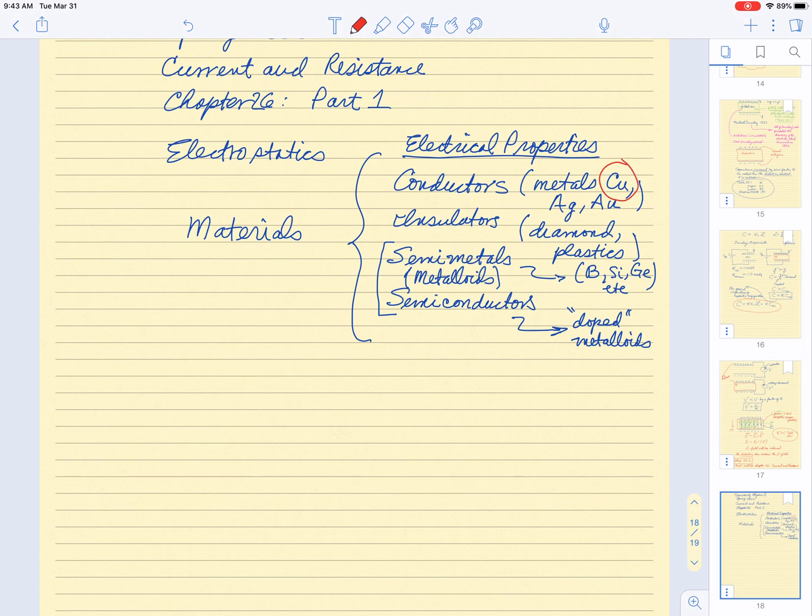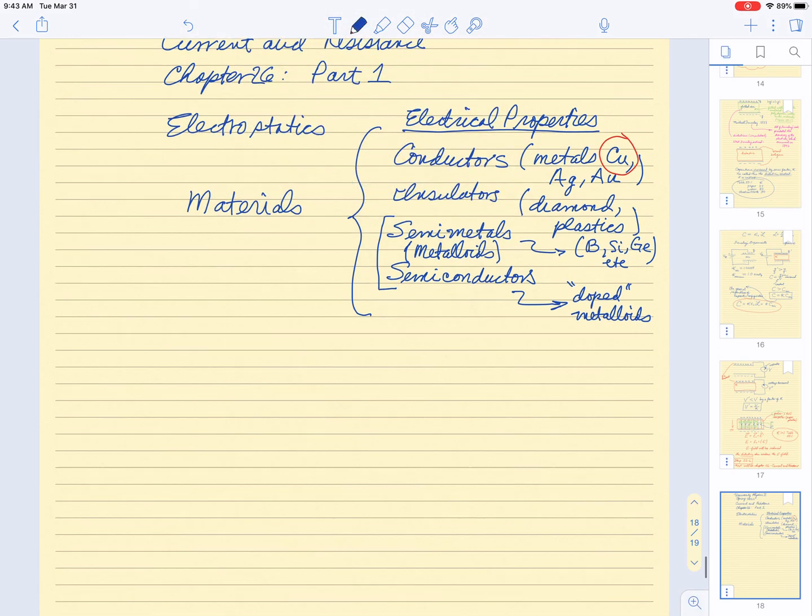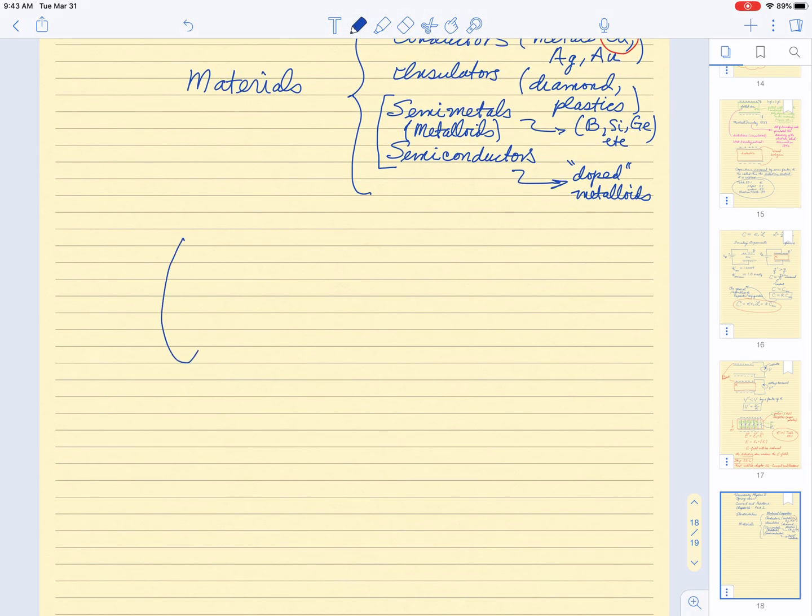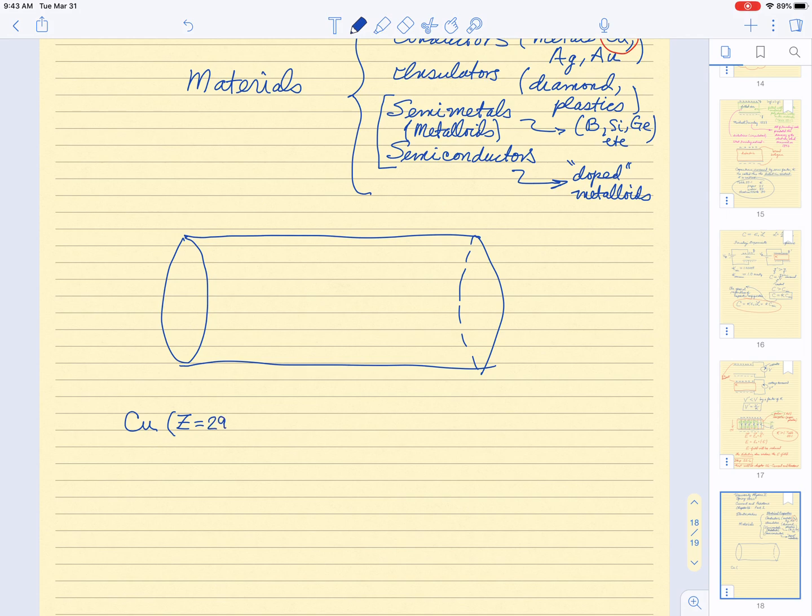So let's look at copper, and let's look at a sort of prototypical conductor. So let's take a chunk of copper. There's a pure cylinder of copper, and let's just pretend. Well, first off, let's look at its electronic structure. So copper is 29 in the periodic table. So it's Z equals 29.